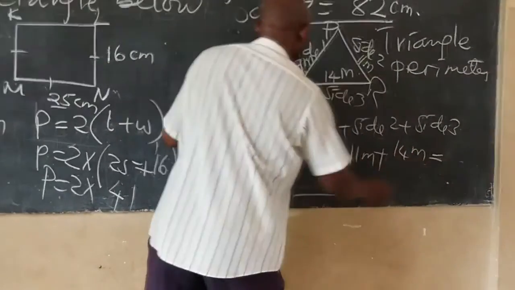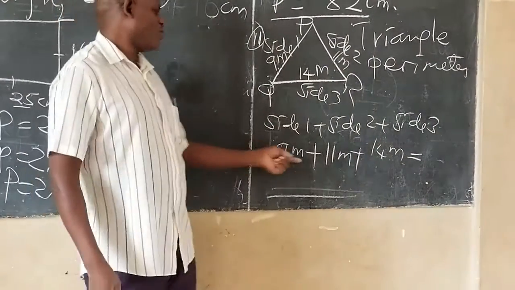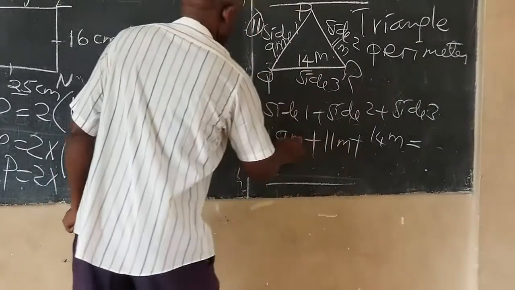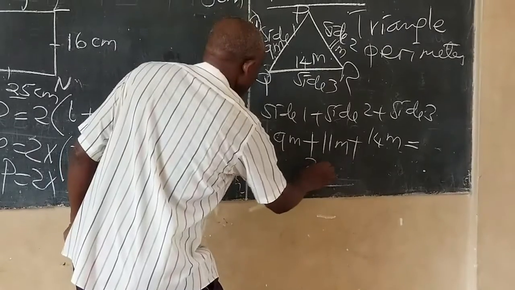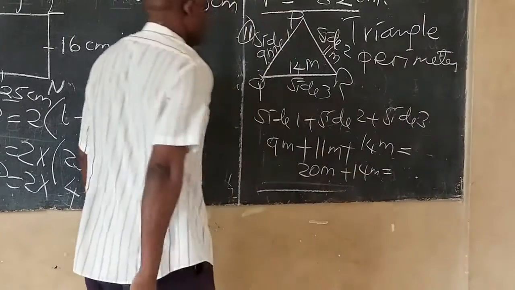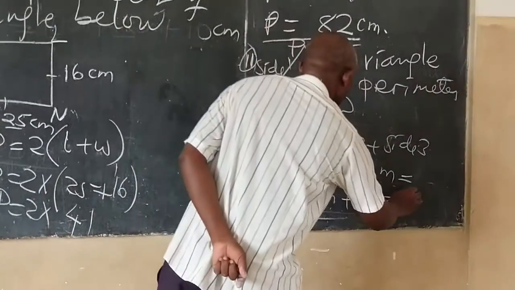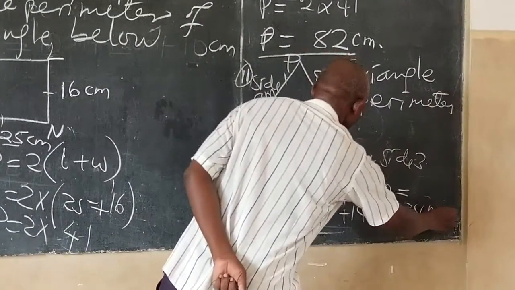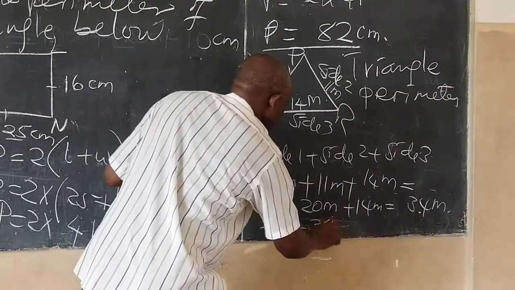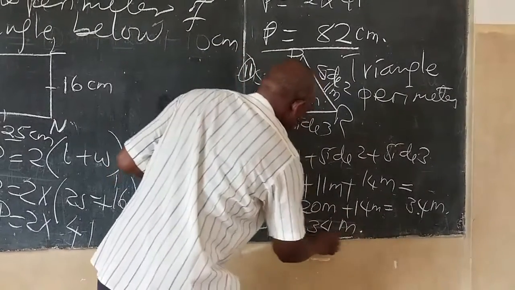Now, in order to get the perimeter, you have to add these numbers. 9 plus 11, you get 20 meters, plus 14 meters. Now, here you will get 34 meters. Perimeter of the triangle is 34 meters.